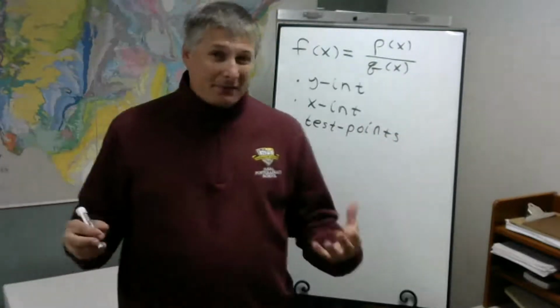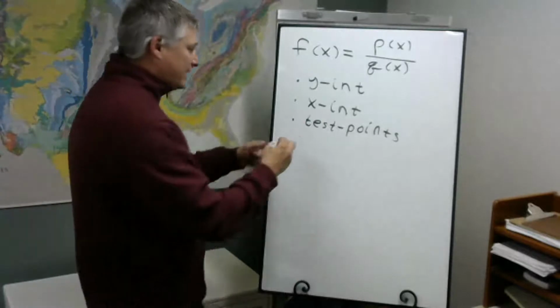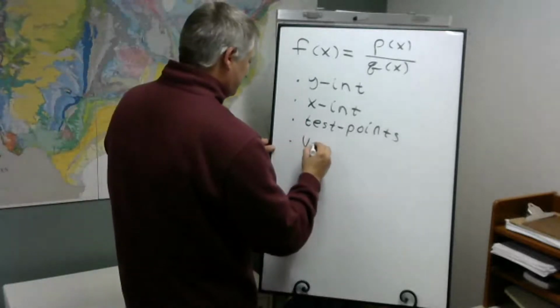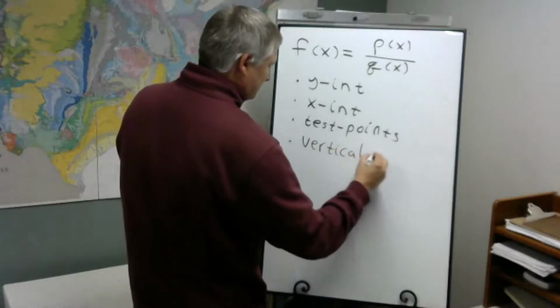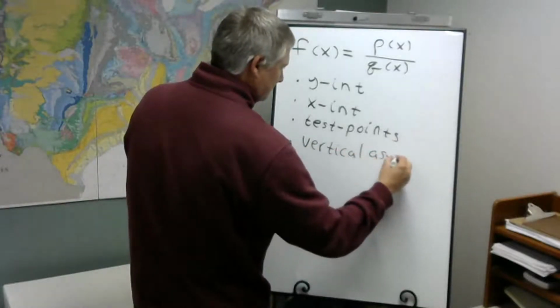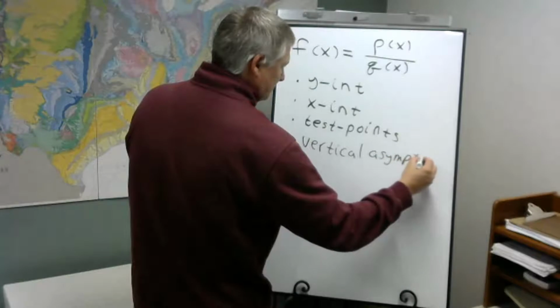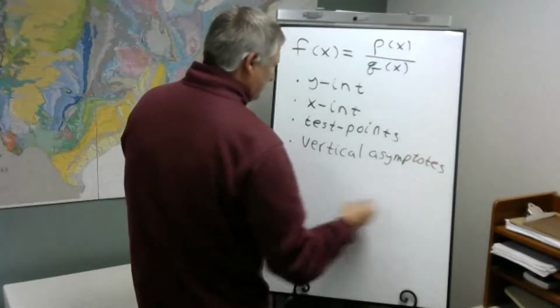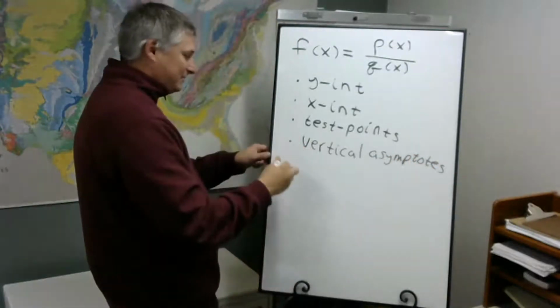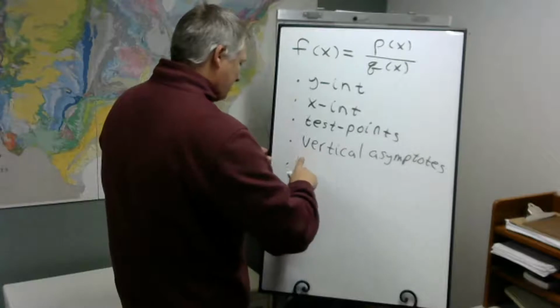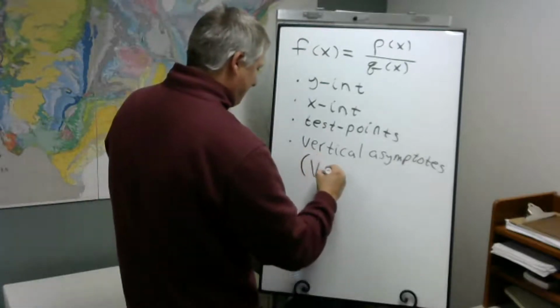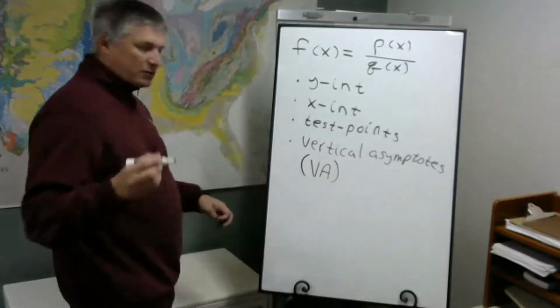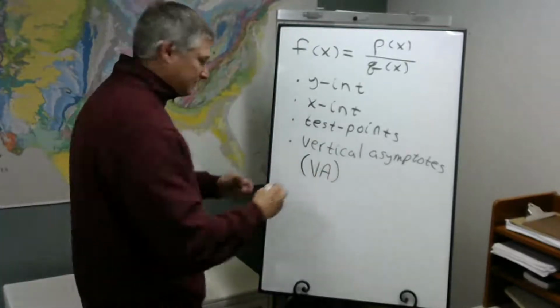We're going to have what are called asymptotes. Now we have vertical asymptotes, and horizontal asymptotes. I'll abbreviate vertical asymptotes as VA. And then we have horizontal or oblique asymptotes.